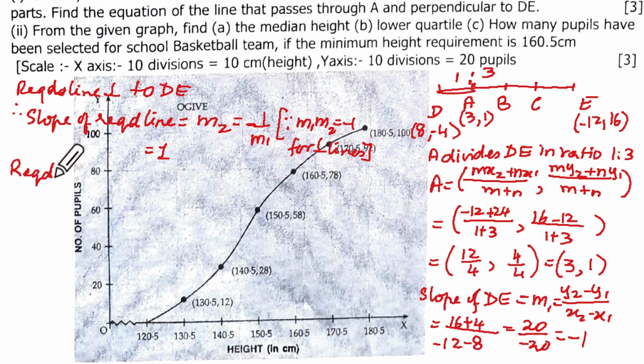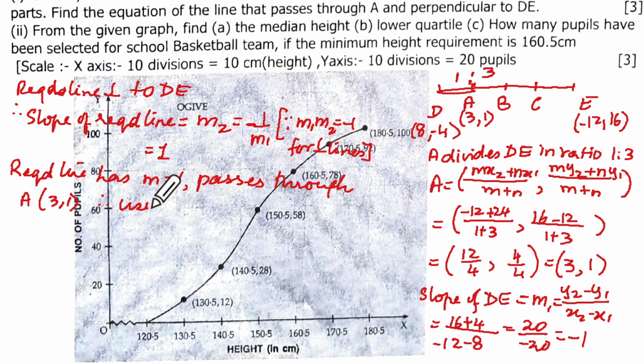Then you will say required line has M equal to 1 and passes through what? Which point is it passing through? A, which is 3 comma 1.